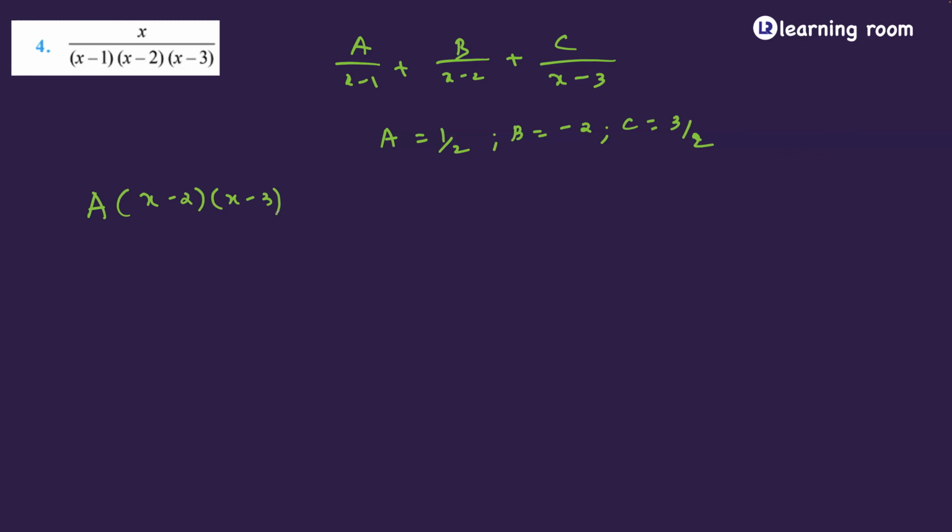So when you take LCM, it is A into x minus 2 into x minus 3. Tell me what is there for B. Plus B into x minus 1 into x minus 3 plus C into x minus 1 into x minus 2. Correct. Should be equal to x.